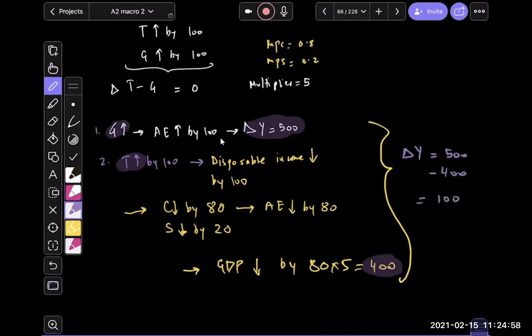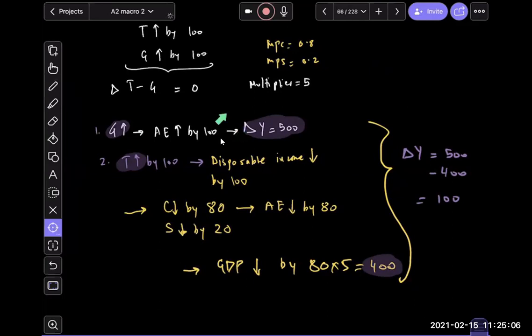So what I'm trying to say is that if the government is trying to keep a balanced budget, then taxes and government expenditure will increase by the same amount. But between G and T, you can see G is more powerful, because whenever government expenditure changes, it has a full multiplier effect.